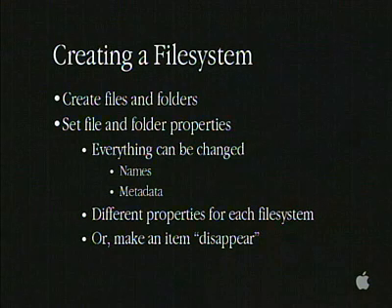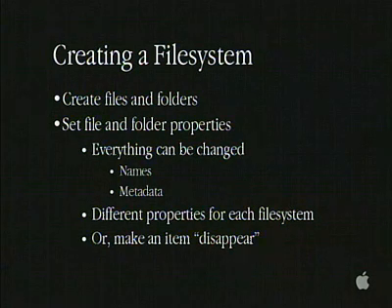Now, the great thing about these content APIs is that literally everything can be changed. You can go in and make the most complicated disk you can think of. You can change the names of all the files. You can change the metadata, such as types, creators, whether it's invisible, different things like that.